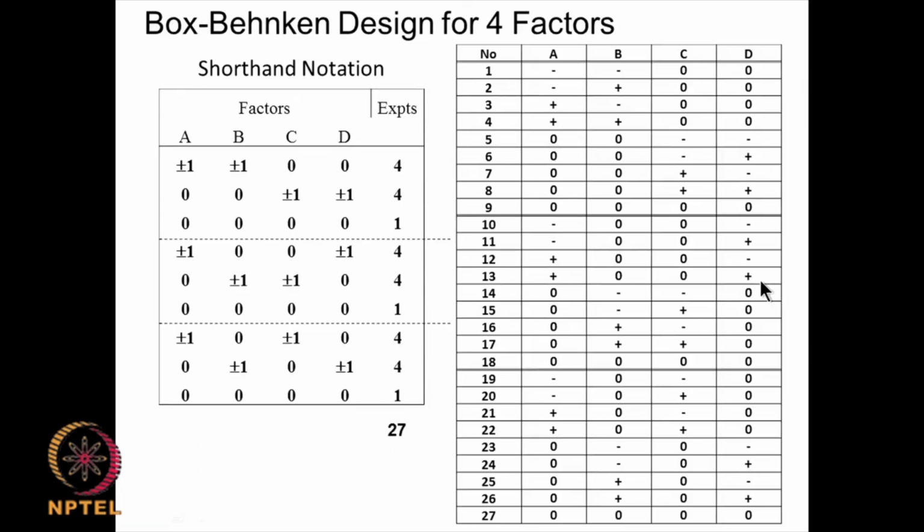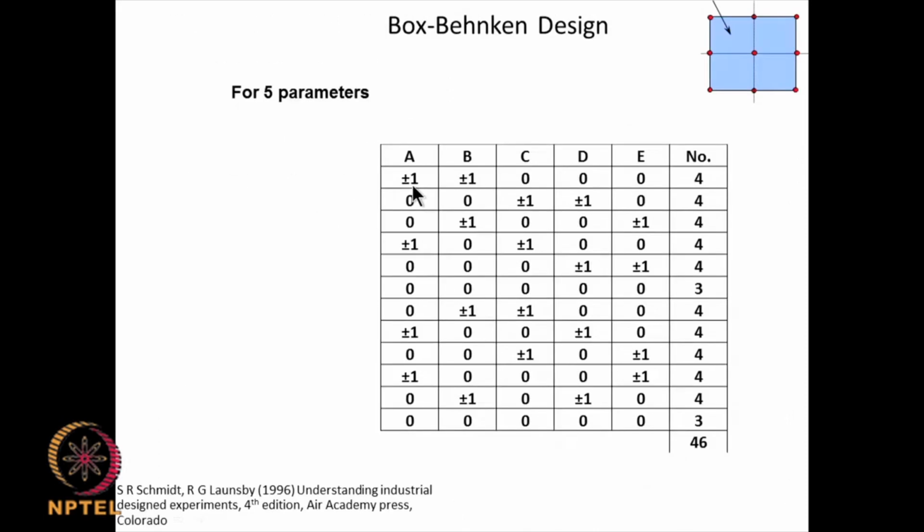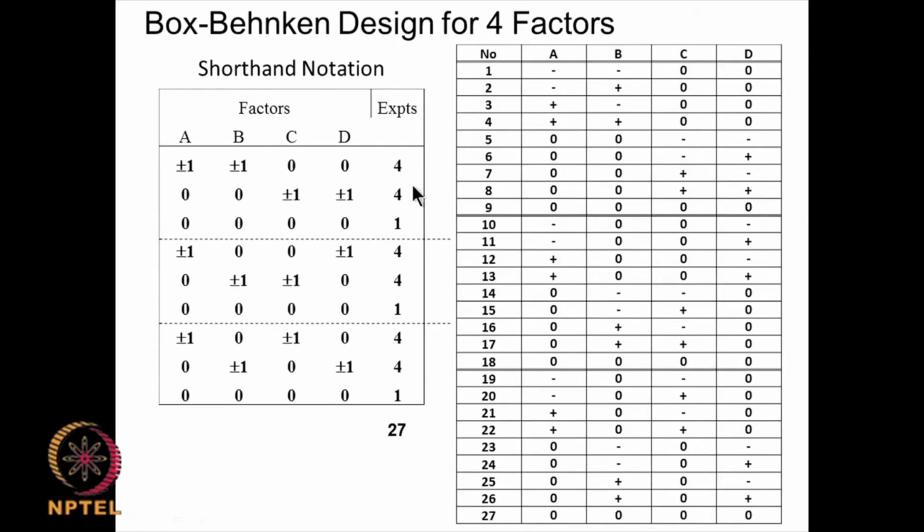Suppose we have 4 factors in the Box-Behnken design, namely A, B, C, D. Again the same approach: we have A plus or minus, B plus or minus, with C and D maintained at 0. That adds up to 4 experiments. Then we have A and B at 0, C and D at plus or minus, that adds up to 4 experiments, and then there is 1 center point.